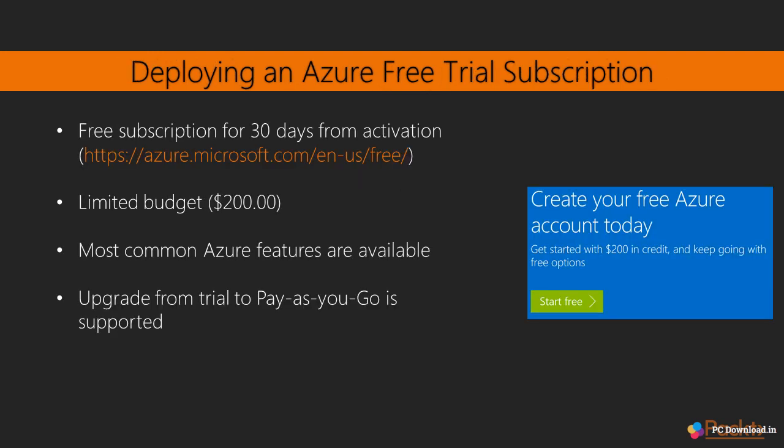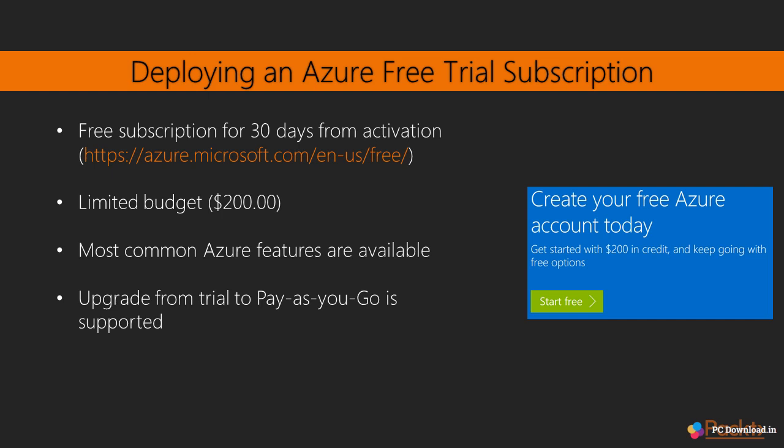Now, when you want to deploy an Azure trial subscription, there are a couple of things to keep in mind. First of all, it's valid for 30 days from the day of activation. Having a limited budget, although limited is maybe a little bit exaggerated, a free trial subscription gives you a maximum monthly 30-day budget of $200 US, which is close to 170 euro.